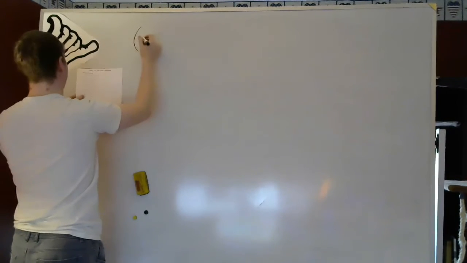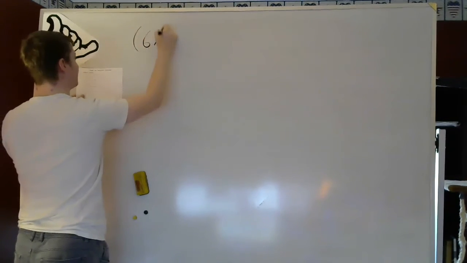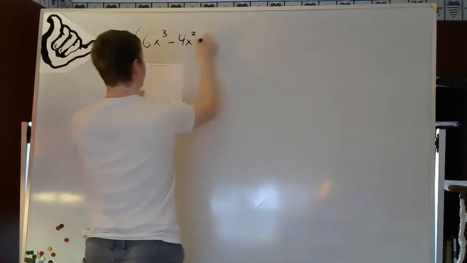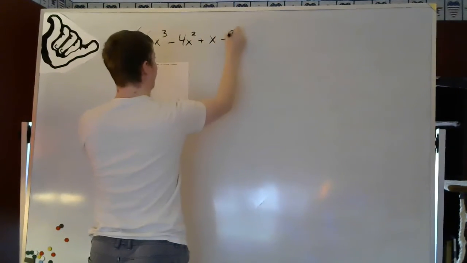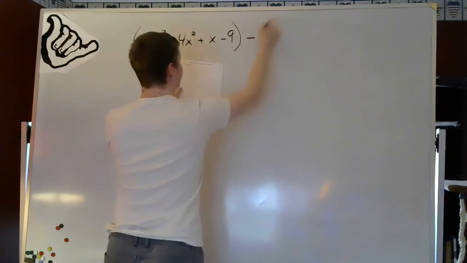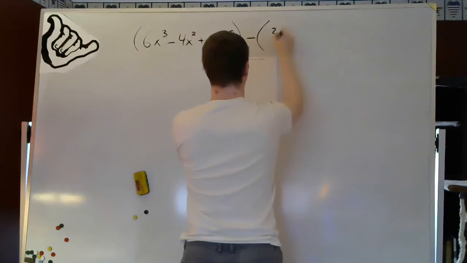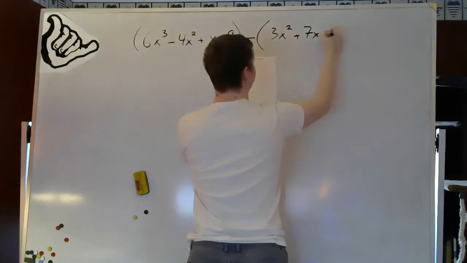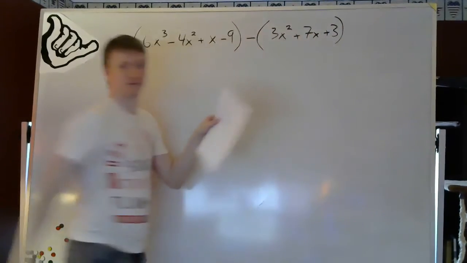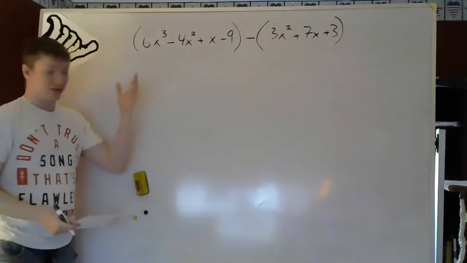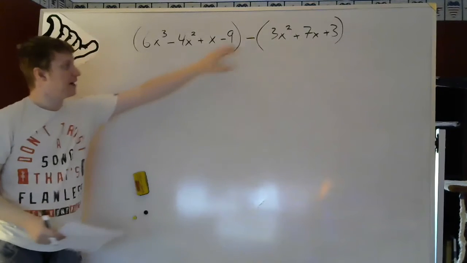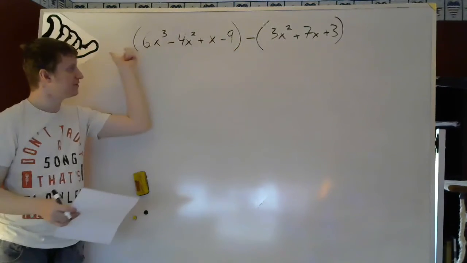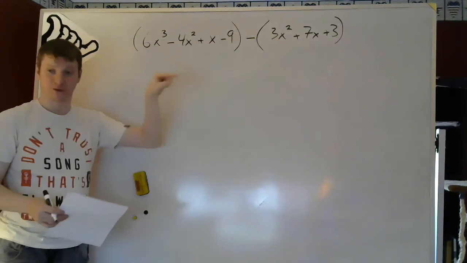Number 8: 6x cubed minus 4x squared plus x minus 9 minus the quantity 3x squared plus 7x plus 3. It looks like we've got a lot here, but because we have this minus sign between them, we're subtracting these polynomials. Again, we just want to look at what's in front of each one and distribute it in.